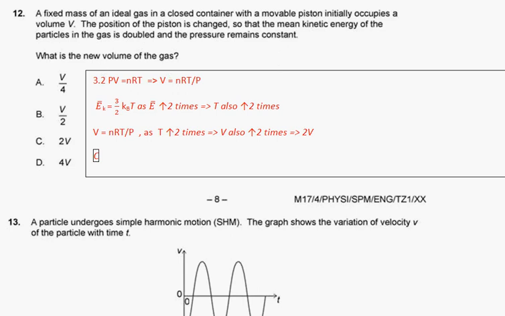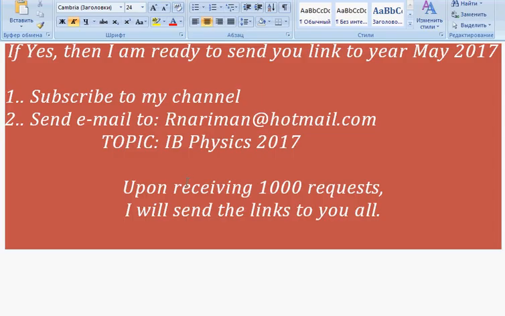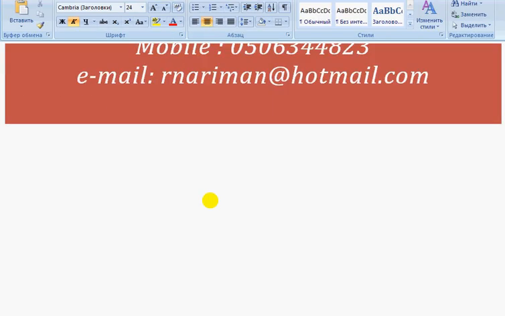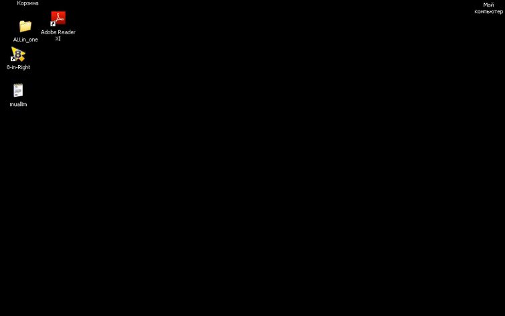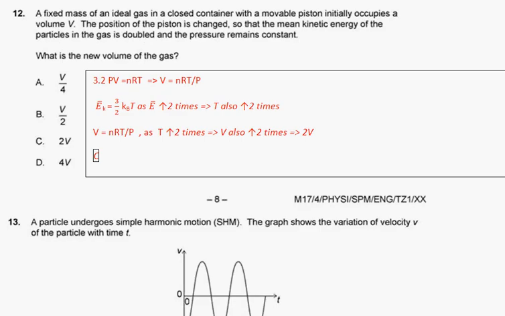Section 3.2, the ideal gas formula PV equals nRT. We rewrite it for V. Here we should know what happens to temperature as pressure doesn't change.